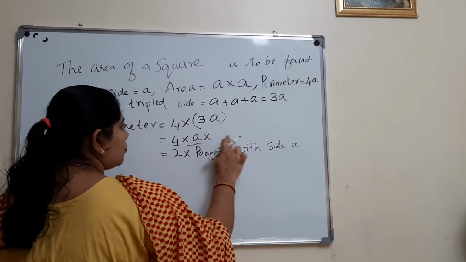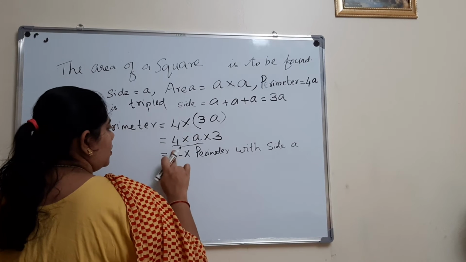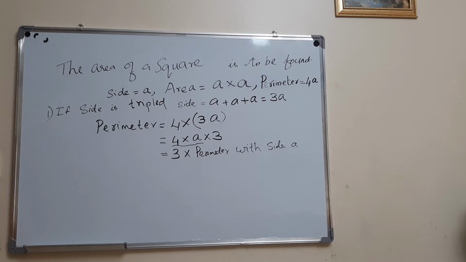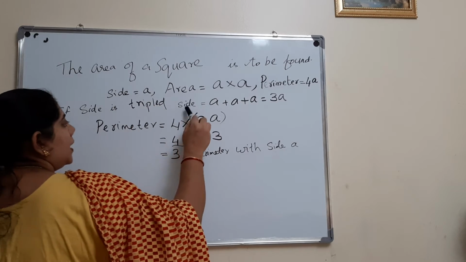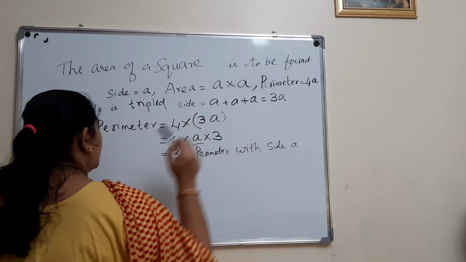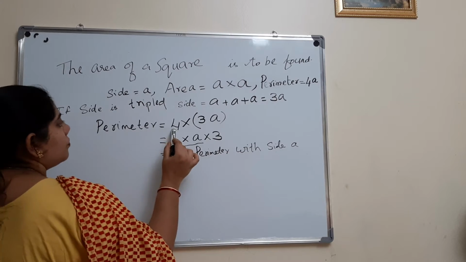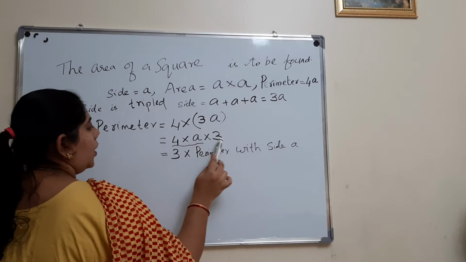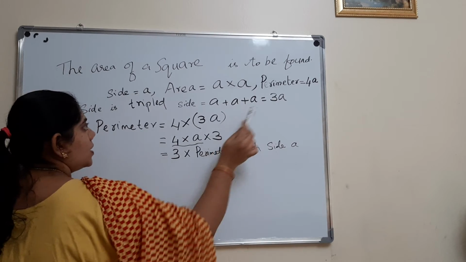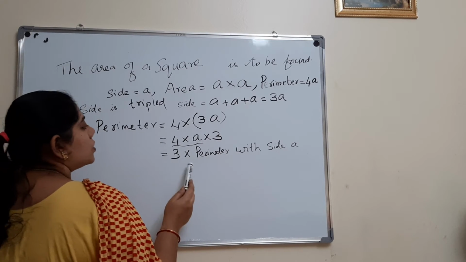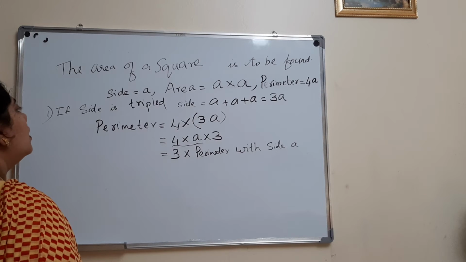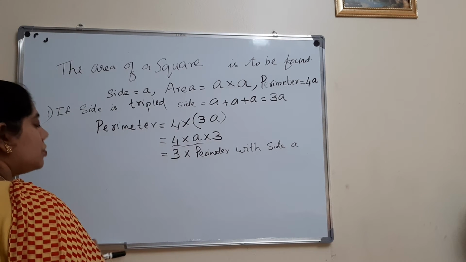So definitely it will become 3 into perimeter with side A. So when the side is tripled, the perimeter becomes 4 into 3A, that is 4 into A into 3, where 4 into A is the perimeter with side A. So 3 times the perimeter with side A is the perimeter with the side tripled.